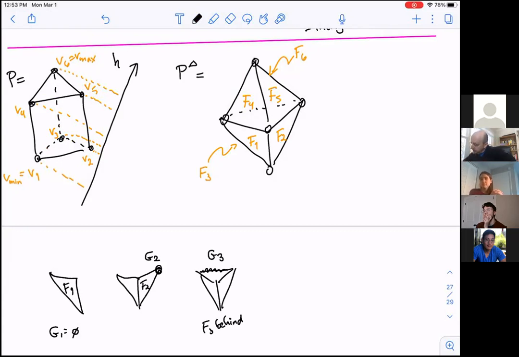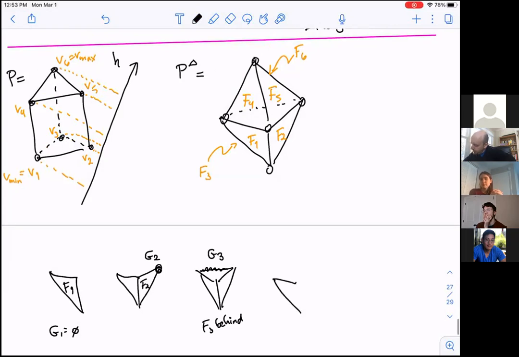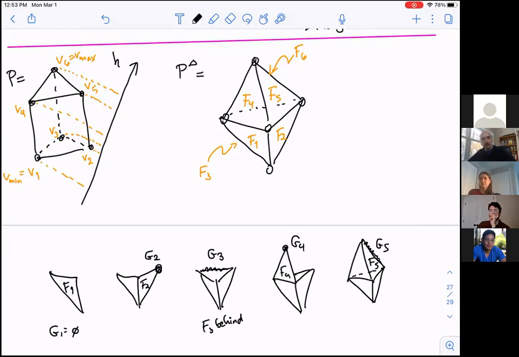And then what else happens? F4 gets added in, and so that's my F4, that's my G4, and then I add in the F5, because at that stage it looked like that. F5 is right here, and the G5 is that edge.